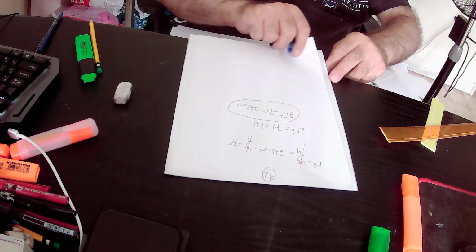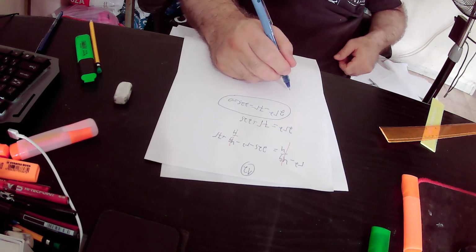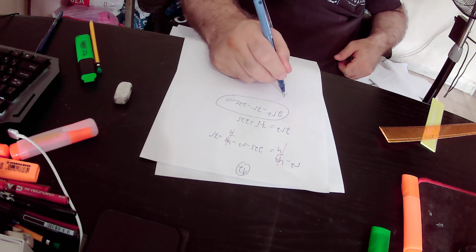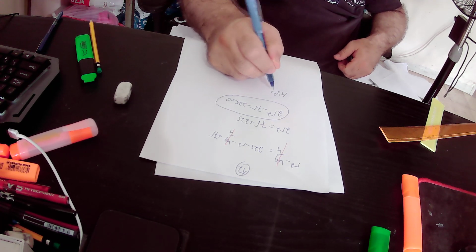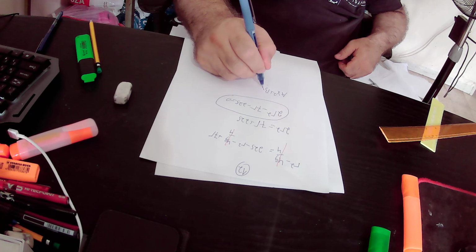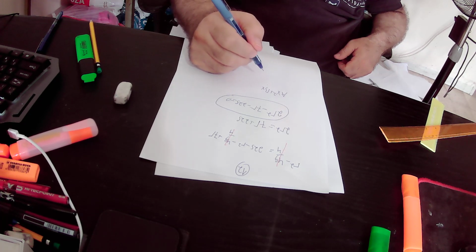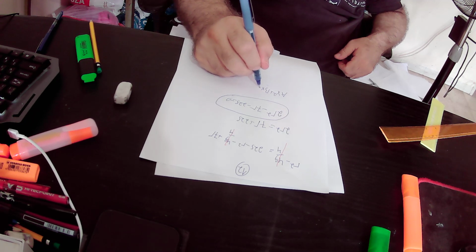We have the general formula for a quadratic equation: ax squared plus bx plus c equals 0.